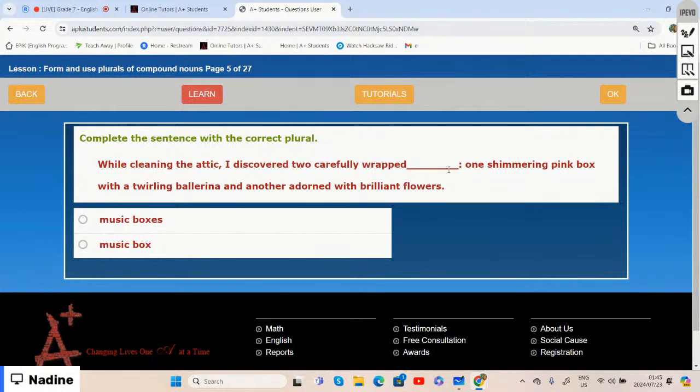One shimmering pink box with a twirling ballerina, and another adorned with brilliant flowers.